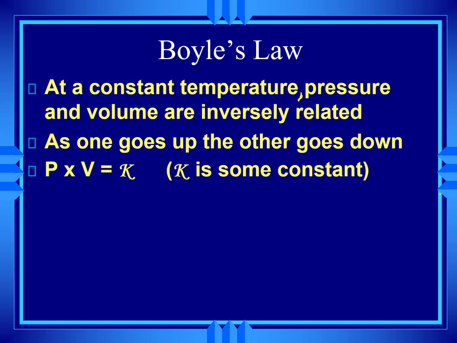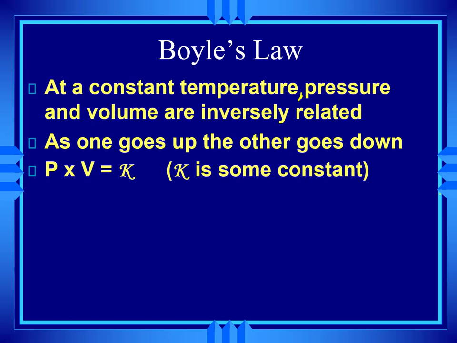P times V equals K. Strange thing, you're figuring out K on your lab, but scientists never bother to figure out K. Why not? No, if it's constant, it's worth figuring out. It's constant for that number of molecules at that temperature.